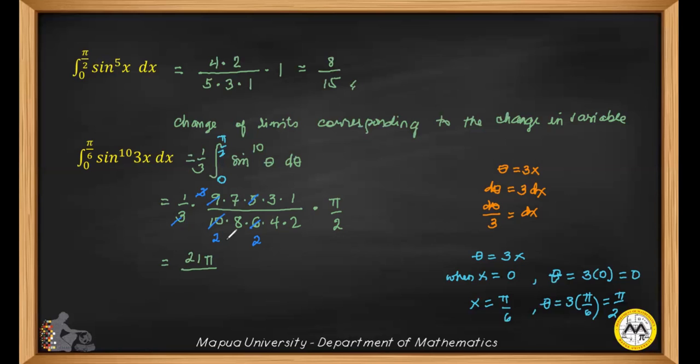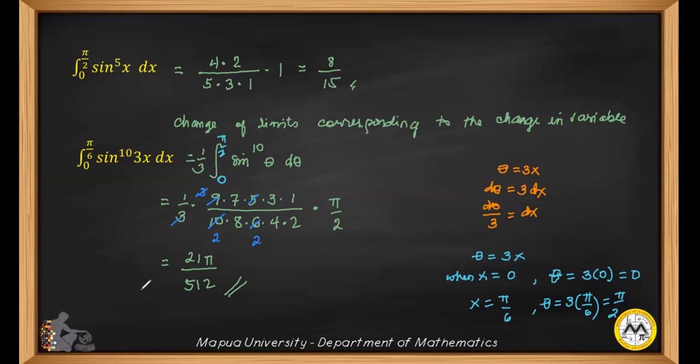Over 2 times 8 is 16, 32, 64, 128, 128 times 4 is 512.